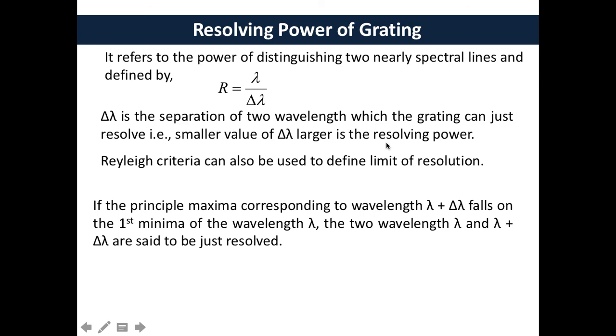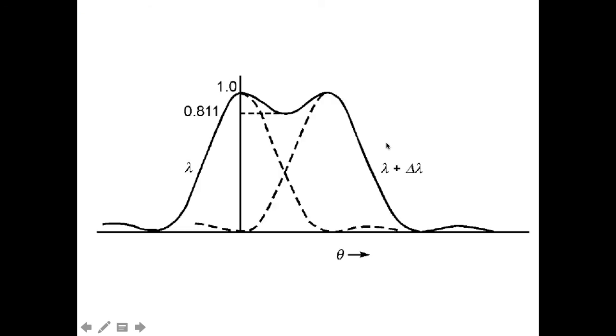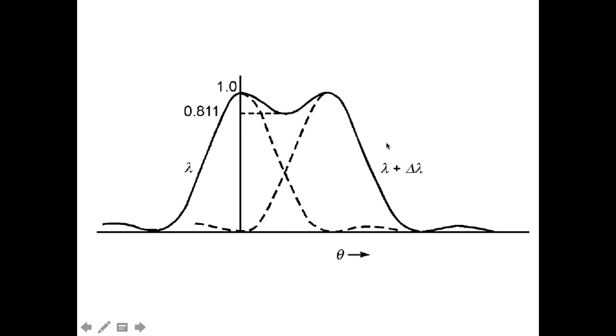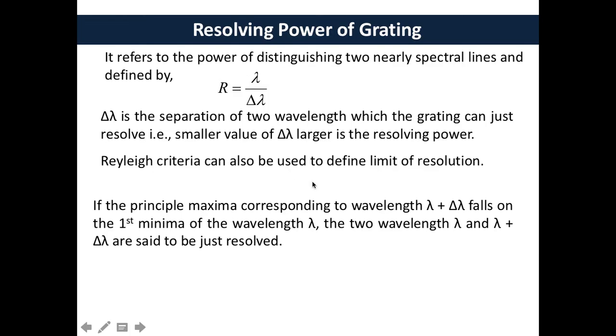Okay, so you can understand by this image: the principal maxima corresponding to wavelength lambda plus delta lambda falls on the first minima of the lambda.